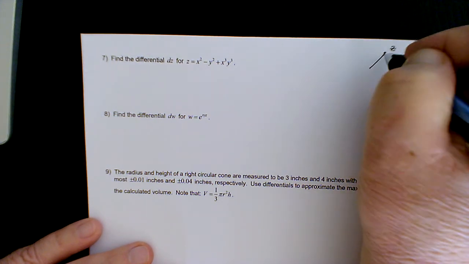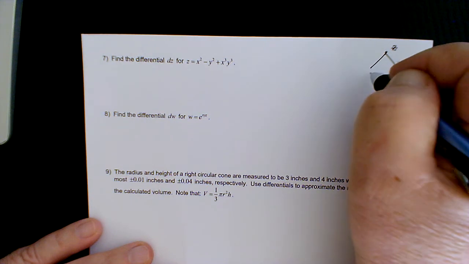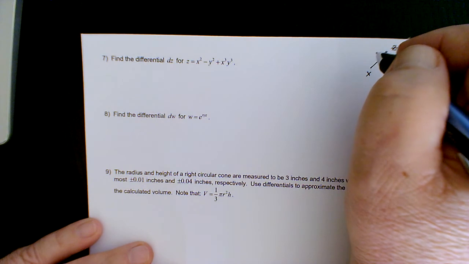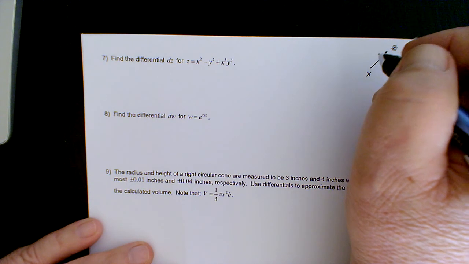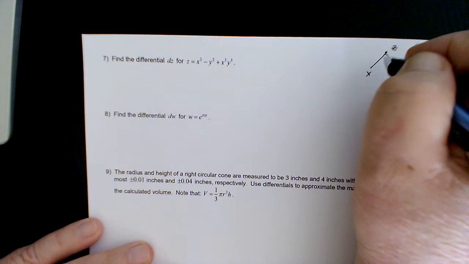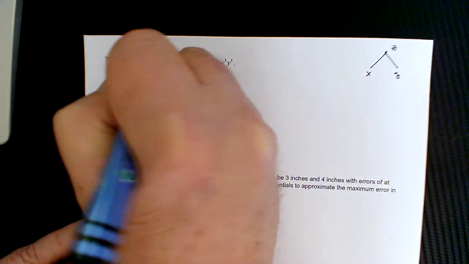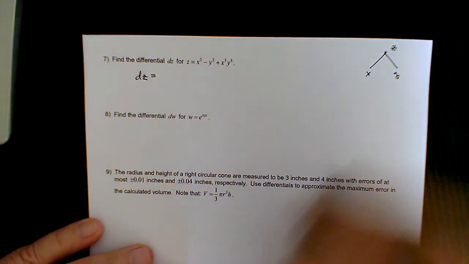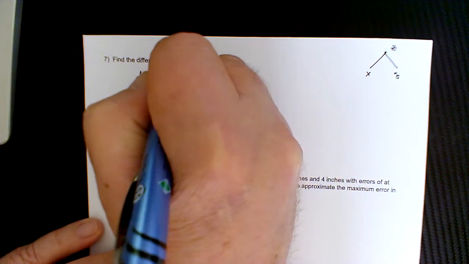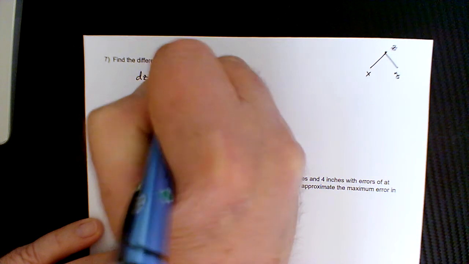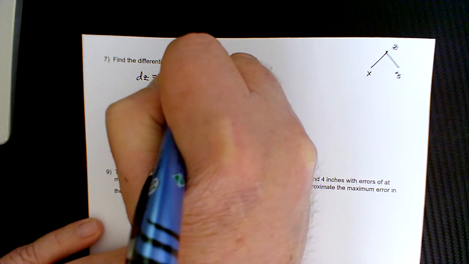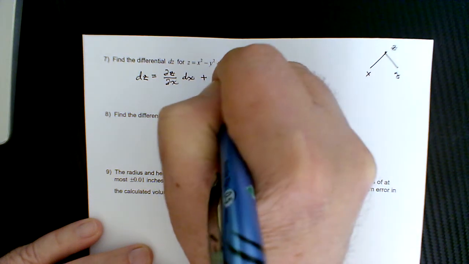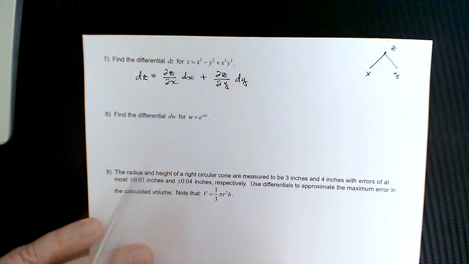Little tree diagram here. If z is a function of x and y, then the differential dz is going to be equal to the partial of z with respect to x times the differential dx, and then plus the partial of z with respect to y times the differential dy.